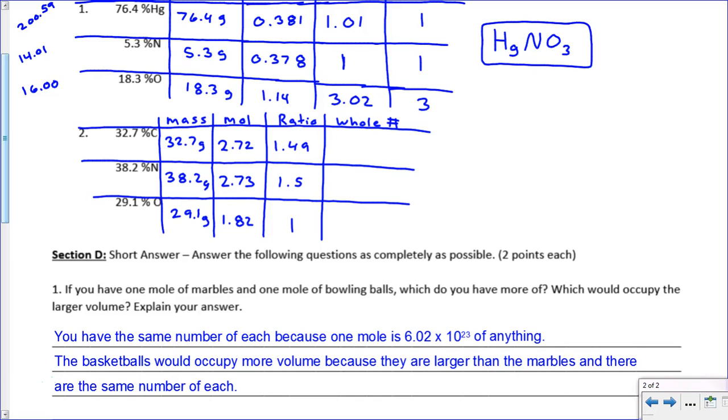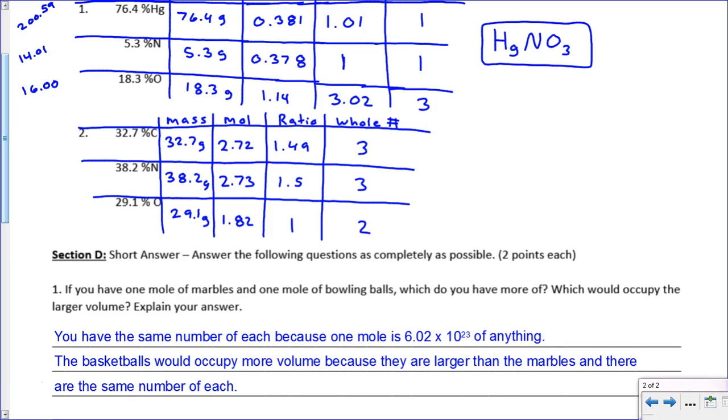So in this case, when you look at the ratios, you should identify that they're not near whole numbers. All right, in fact, they're near some fractions. They're near 1.5 there for the 1.5s. And so if we want to get these to be whole numbers, identifying that they're related to halves, what we have to do is multiply by 2. All right, so if we multiply each of these by 2, 1.49 becomes something like 3, 1.5 becomes 3, and 1 becomes 2.